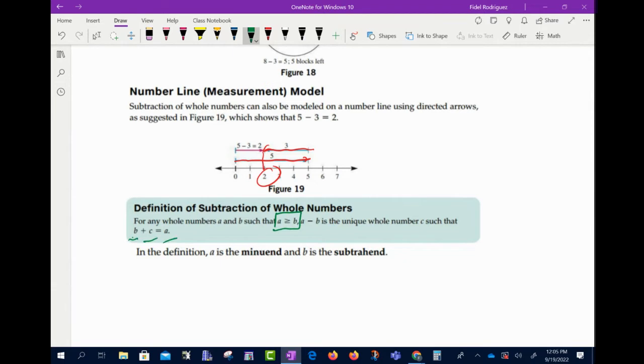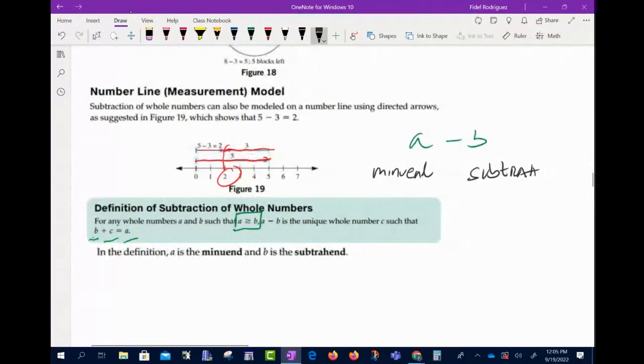And let's see, it says in the definition, A is what we call the minuend, and B is what we call the subtrahend. So in A minus B, A is the minuend, and B is the subtrahend, okay?